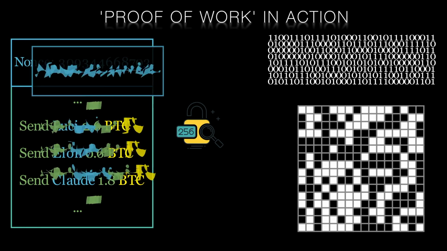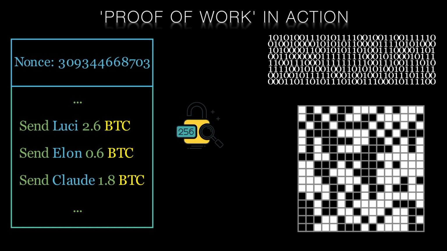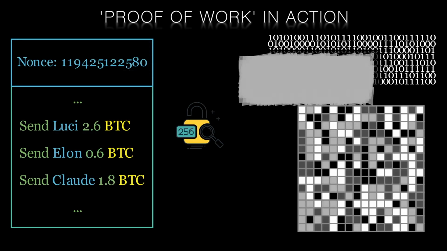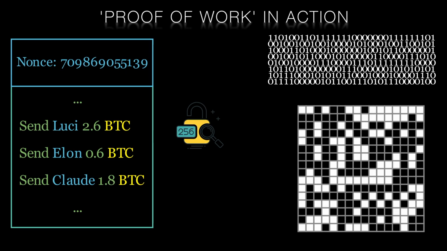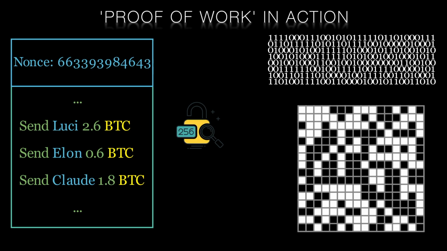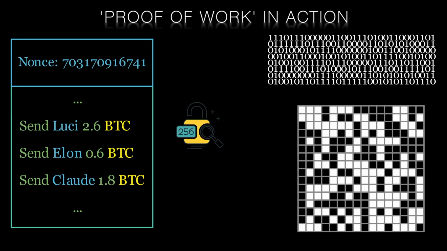When we run the block of all valid transactions and the nonce through the SHA-256 algorithm, we will get a digest. The proof of work is to find a nonce that when we run SHA-256 on the valid transactions and nonce together, we will get a digest that starts with a fixed number of zeros.